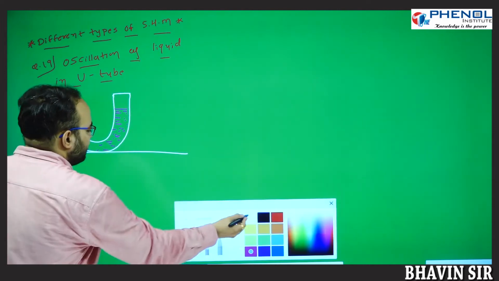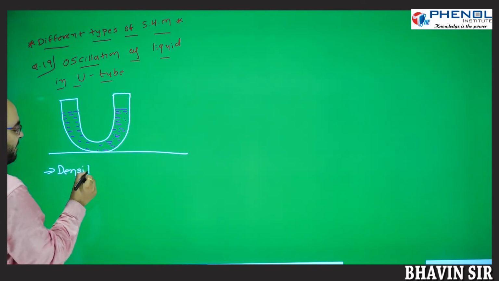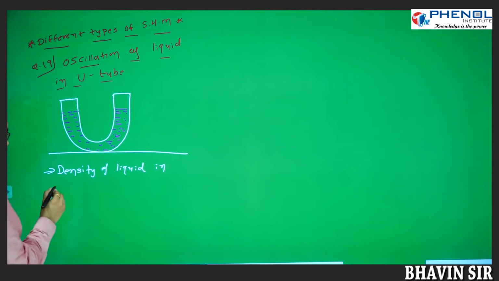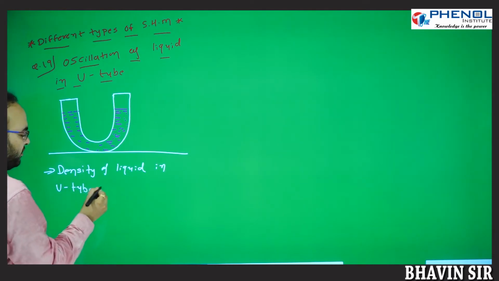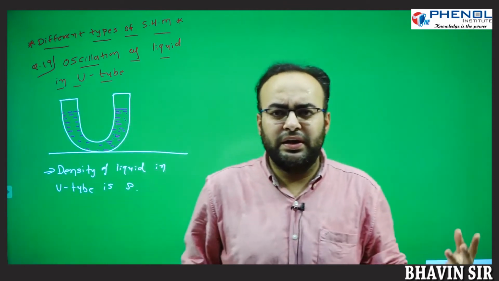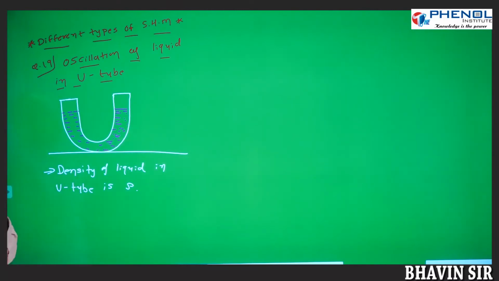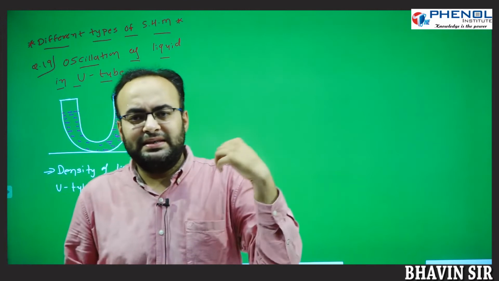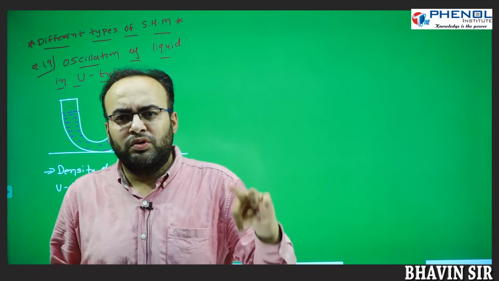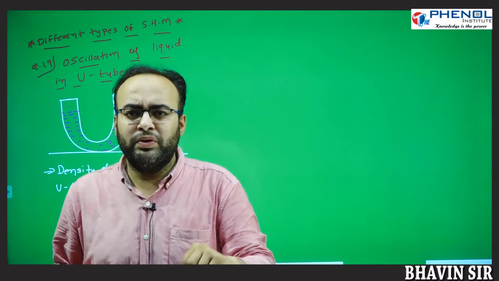Now see, the density of liquid in the U-tube is rho. In here, first we prove that the motion of a liquid in a U-tube is SHM, then after we find the time period. How to prove it, students?